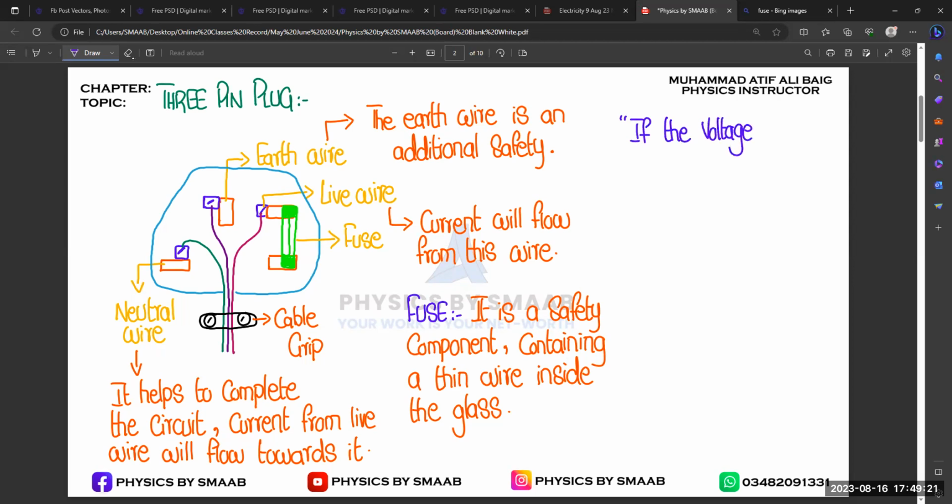if the voltage increases, let's suppose when there is a problem in electricity connections or in the wires, so sometimes voltage decreases or sometimes it will increase, right?